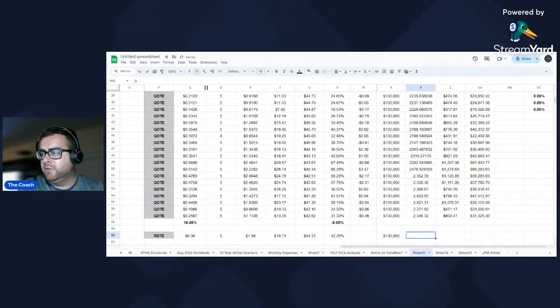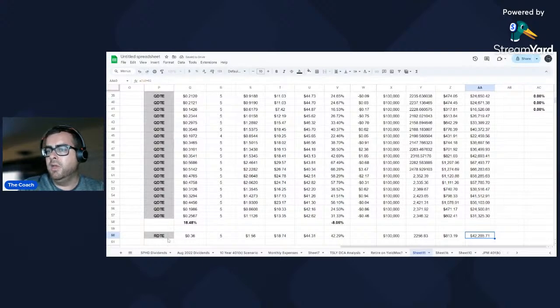So we'll have a calculation for that next week. For this one, there we go. That's how many shares we would buy. We want to roll some decimal points over there. And then there we go. So this would be $813 for the week. This would be 42,286 for the year annualized.